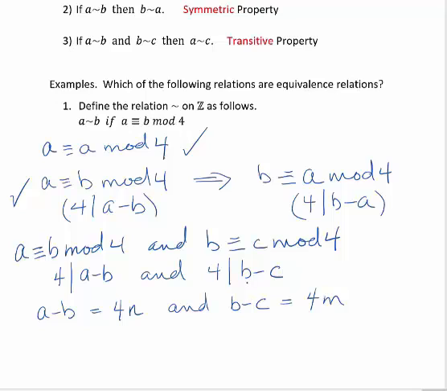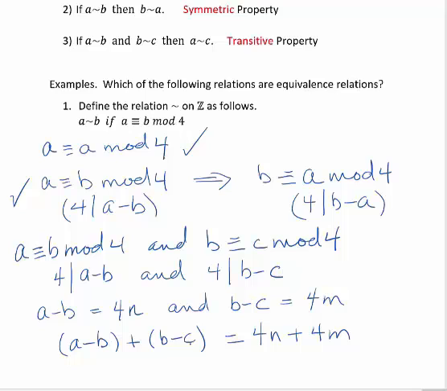We're hoping to see if A is related to C. So let's just add these together. A minus B plus B minus C is equal to 4n plus 4m.